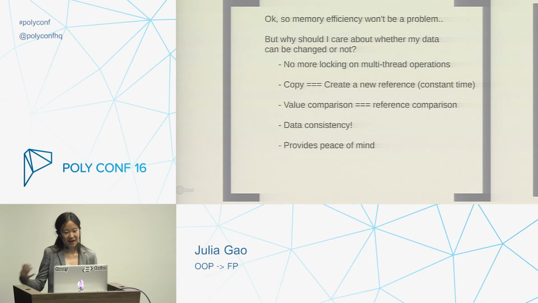So that's also faster. And then we, of course, get data consistency, which is always a good thing. So there are no surprises about which data we're touching and which data we're changing that may impact other data somewhere else. So we don't need to worry about that anymore.